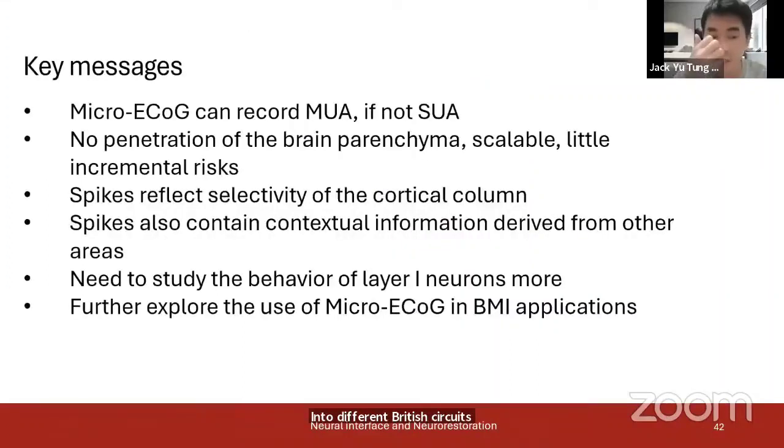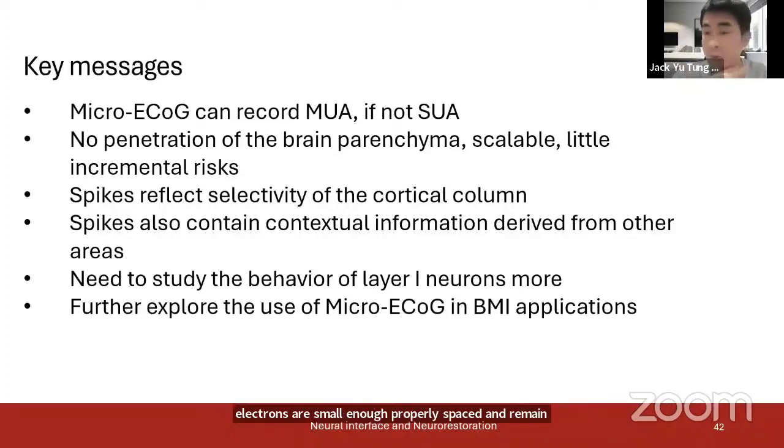So here's my last slide, and here are some key take-home messages. We and other groups have demonstrated that spikes can be recorded from the cortical surface as long as the electrodes are small enough, appropriately spaced, and remain fairly close to the brain surface.